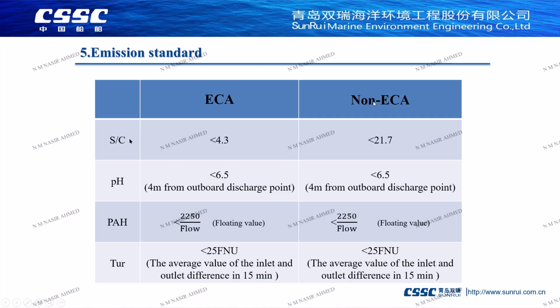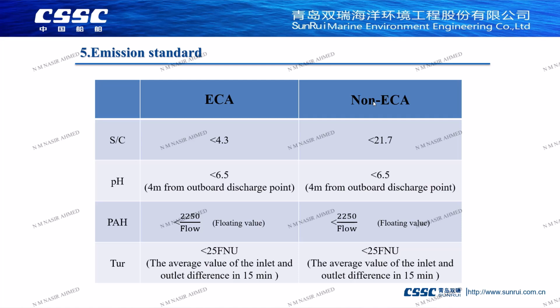In addition to the emission requirements for the sulfur-to-carbon ratio we mentioned earlier, there are also emission requirements for water quality. Discharge requirements for water include pH, PAH, and turbidity. The pH emission requirement is more than 6.5 within 4 meters of the discharge point.